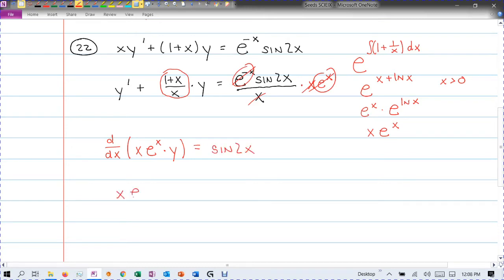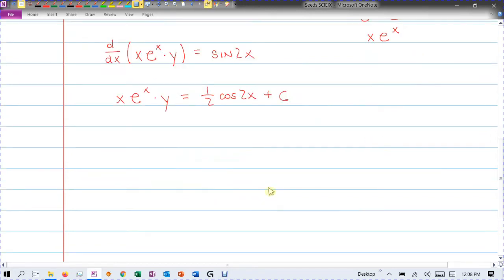So take the antiderivative with respect to x on the left side, and then on the right side, let's see, we should get 1/2 cosine 2x plus some constant. And yeah, that's it. So now we will divide through by x e to the x.